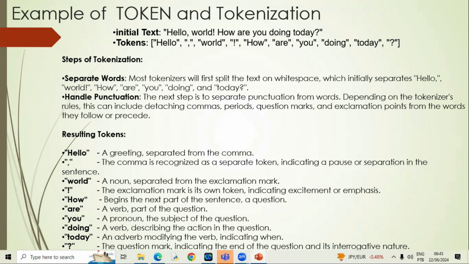So we detach that word and apply the correct tokenization process. Like here, hello, when we do hello, we put a comma. So we separate that comma and hello. Similarly, when we put world and the exclamation symbol, again we divide world and the exclamation mark to understand better.